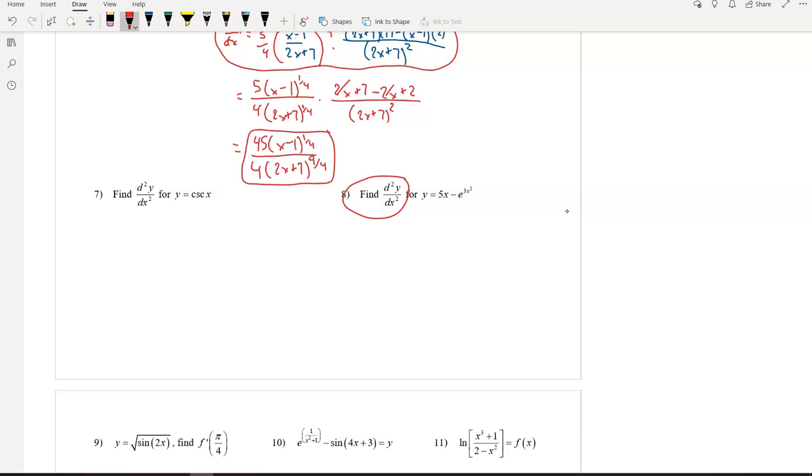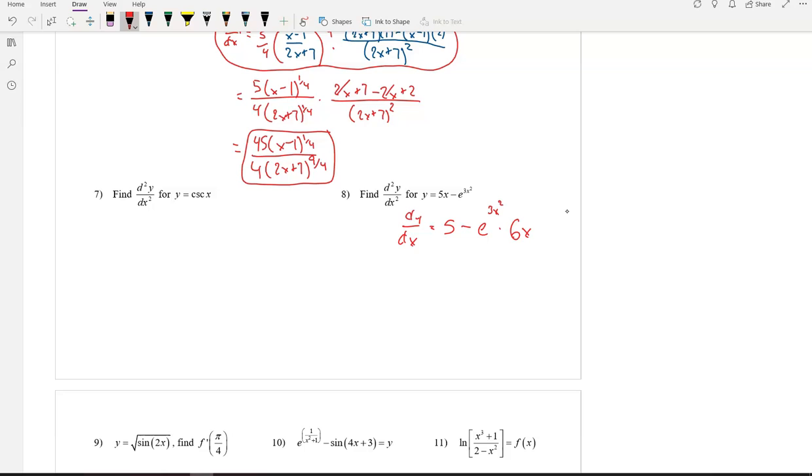The second derivative, right? So that means we have to take the derivative once and then take the derivative of that derivative. So dy dx becomes, well, the derivative of 5x is 5. The derivative of e to the 3x squared is e to the 3x squared times 6x.